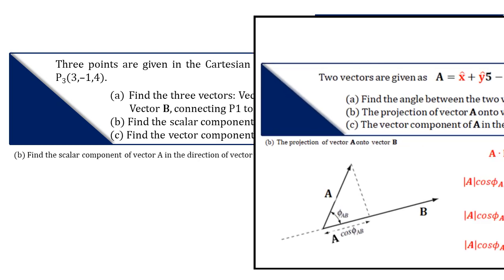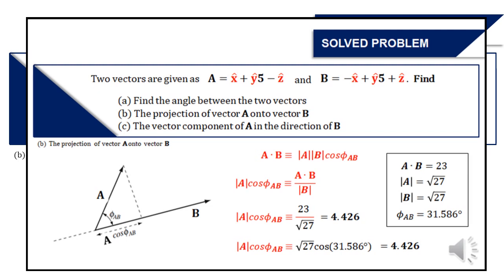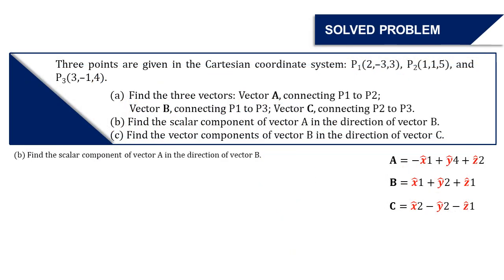So, this is it. For the projection of vector A onto vector B, we solved it like this. The formula we used is that the dot product is equivalent to the product of the magnitudes of the two vectors times the cosine of the smaller angle between them. We will use that here too. Okay? Let's go back.